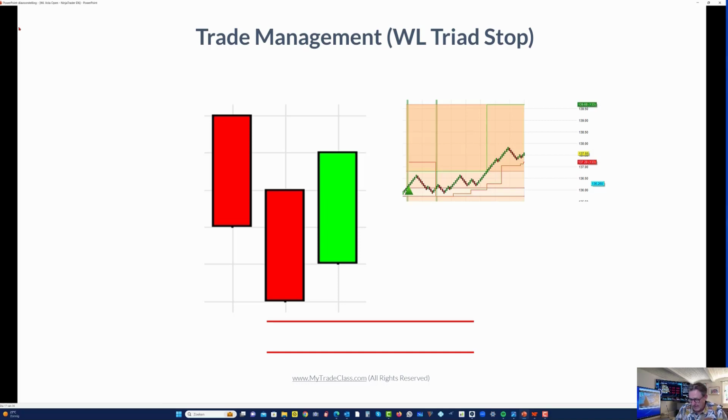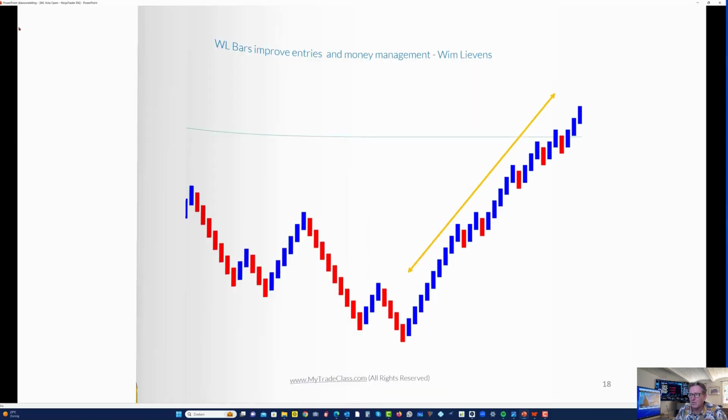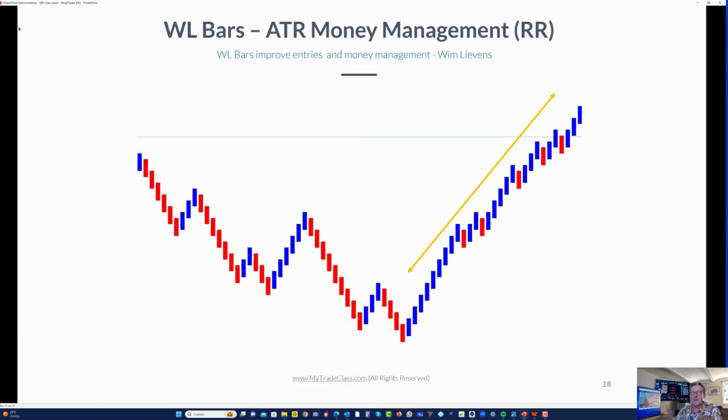We take the spread, we add 1 or 2 ticks, so we have a little safe distance below the triad when it's long. If it's short, it's of course above. That's how we do it. You see a small screenshot of how this triad money management could work, but I'll show it to you in real time. It's a lot better.